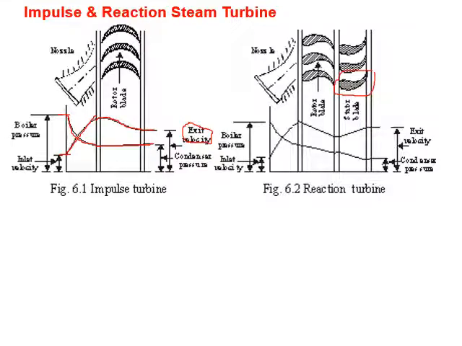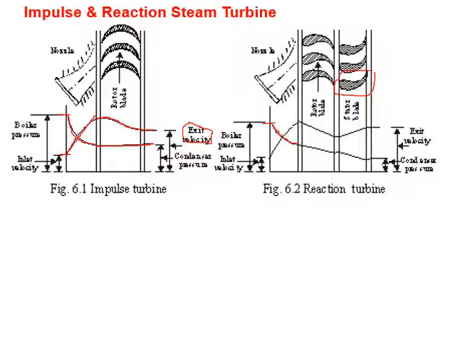Next, see the variation of the pressure and velocity of the steam while it flows through the moving blades as well as the fixed blades. Initially the steam is supplied to the nozzle inlet at higher pressure. Then a pressure drop occurs in the nozzle. Then the steam flows through the moving blades.